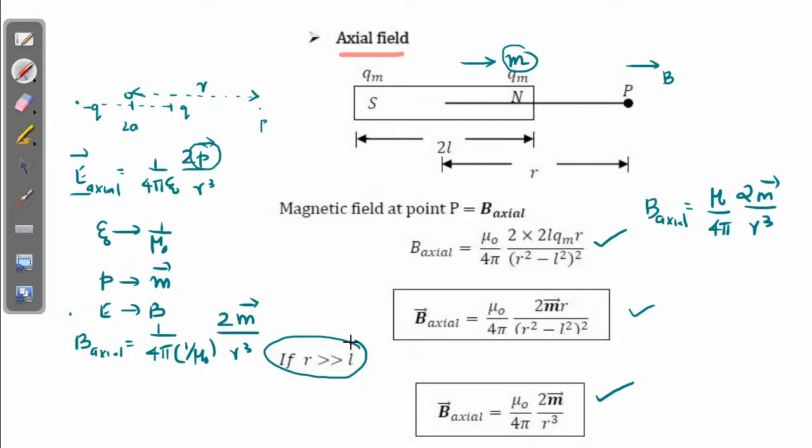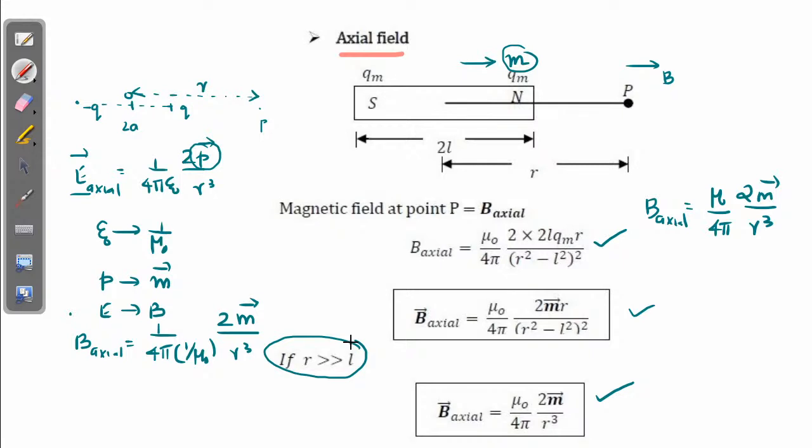There we considered the axial distance much greater than the dipole length 2a, and we made the approximation. Similar result you get here. The only thing is the electrostatic variables have to be replaced by their magnetic analogues. You will get the expression.